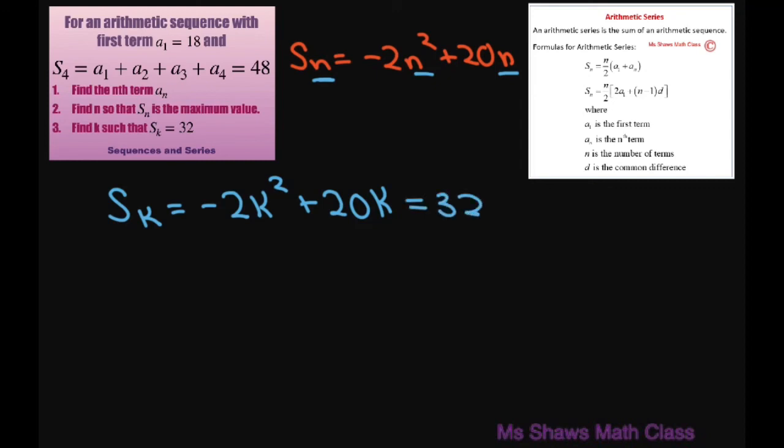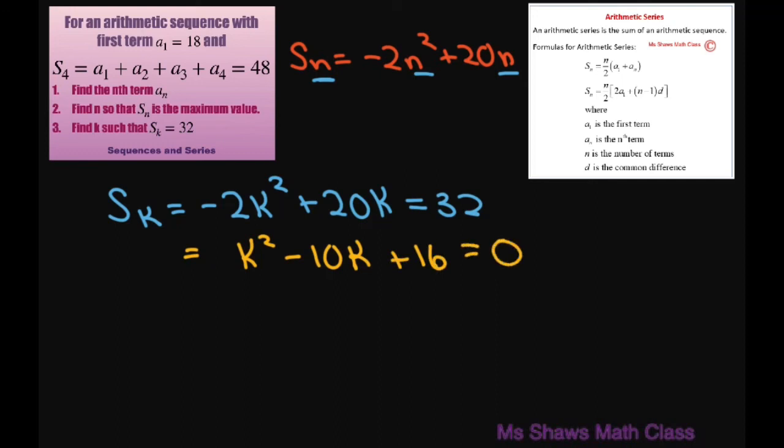If you simplify all this, we can divide everything by negative 2, and you're going to get k squared minus 10k plus 16 equals 0.